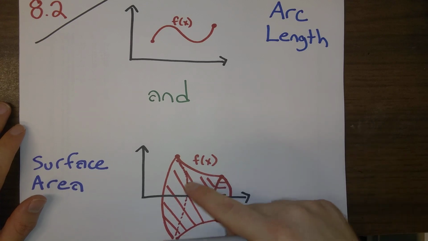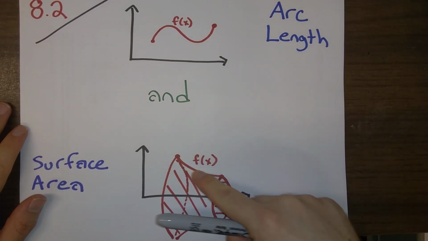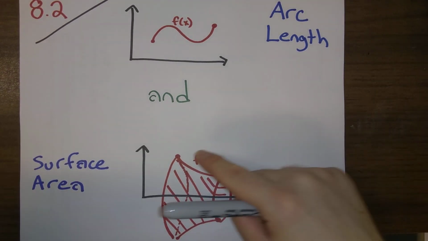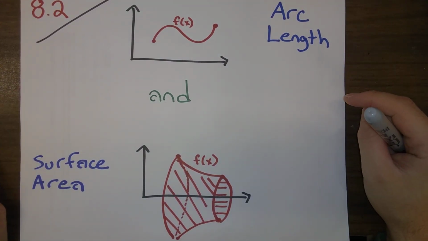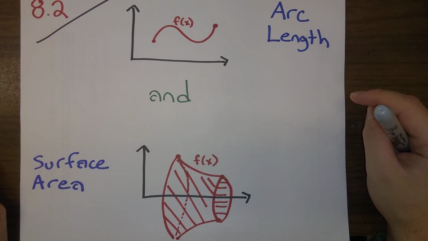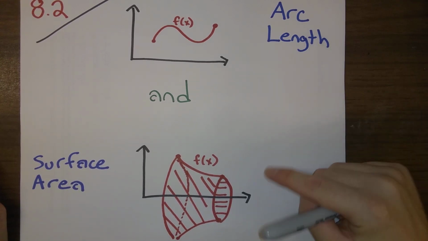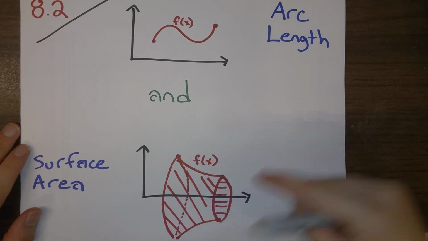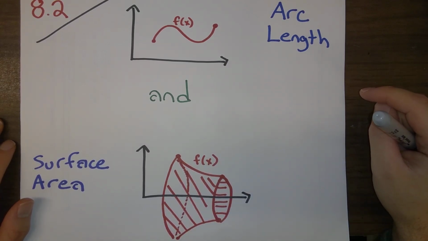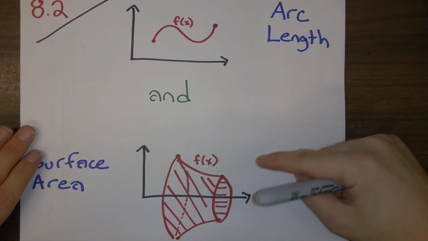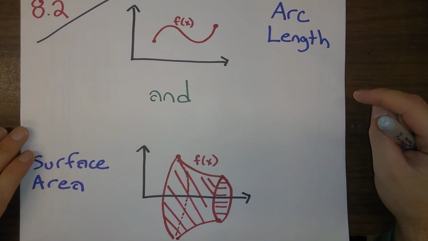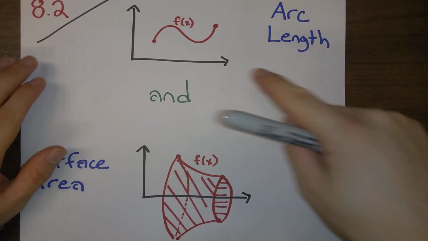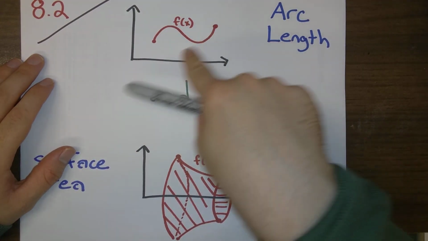Well, in this section, we're going to do the similar setup, take some curve, rotate it around, but instead of calculating out the volume inside there, we're going to look at the surface area. Just how big is the surface area? And so instead of having a 3D calculation like volume here, it's going to be a 2D calculation for area. Okay, so let's get into thinking about how to tackle the arc length question.